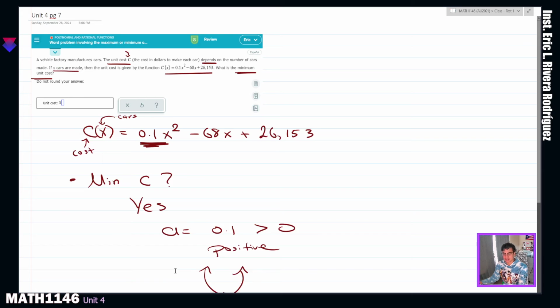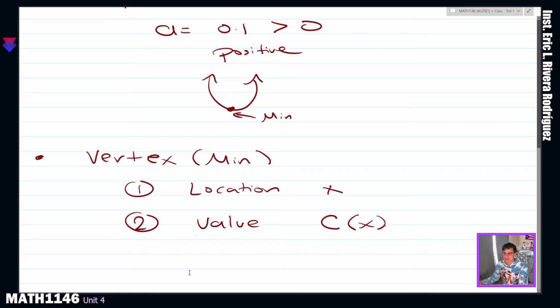So this is the standard form, right? What is the formula that you are going to use to find the location? Is there a formula to find the location of the vertex here?